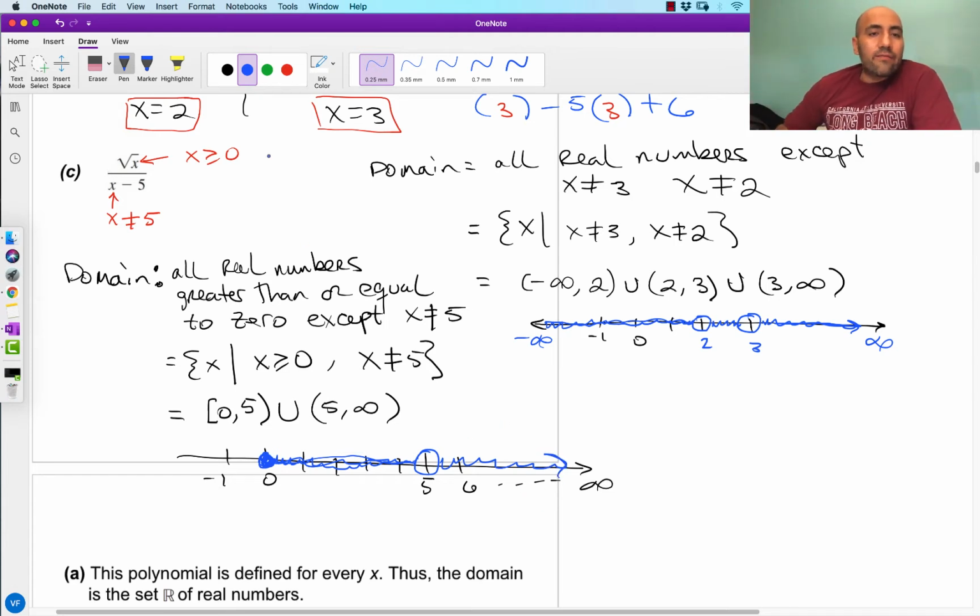And then another way of describing the exact same thing is, sometimes instead of a closed circle, we like to stick to the brackets and parentheses notation. So we can also say that it is bracket there at 0, all the way up to 5, and then another parenthesis there, all the way out to infinity.